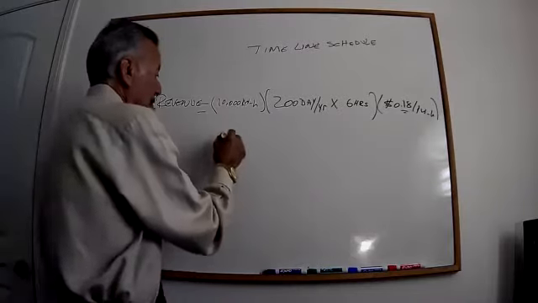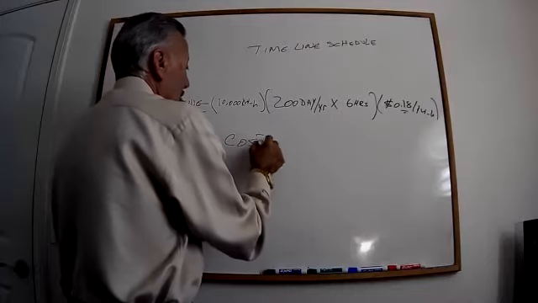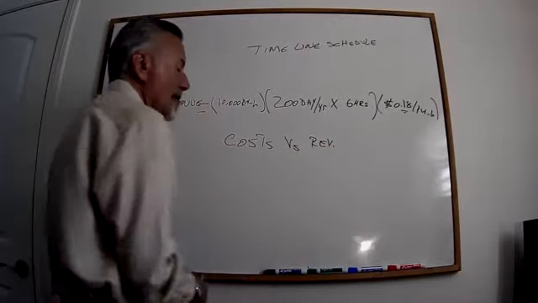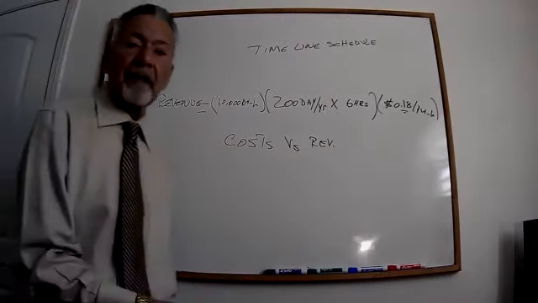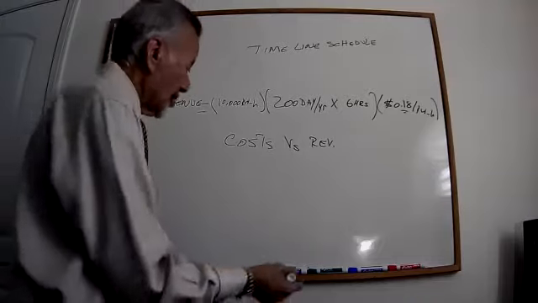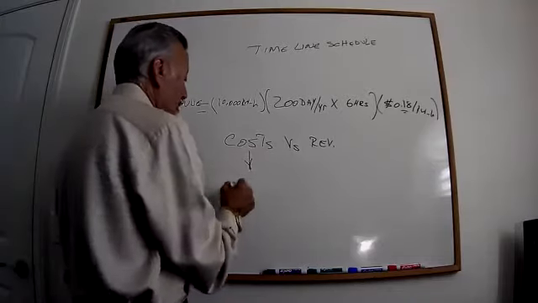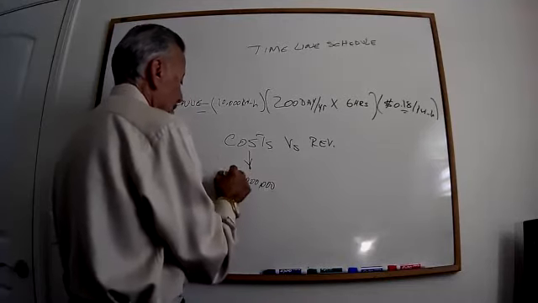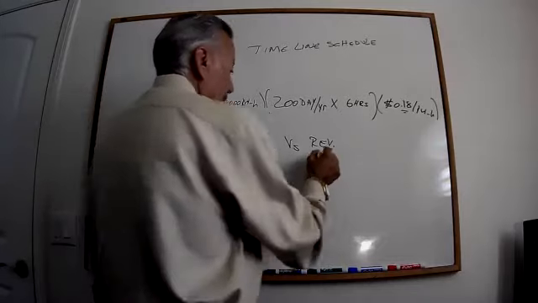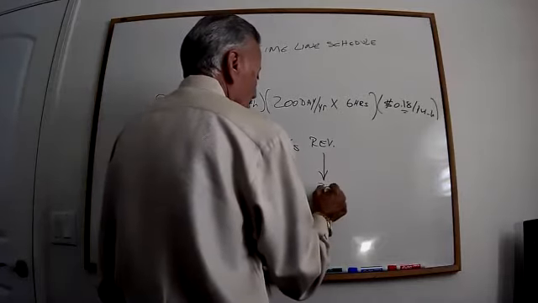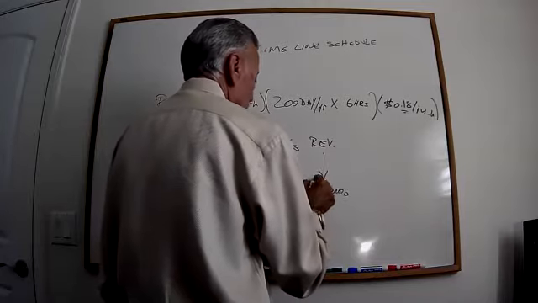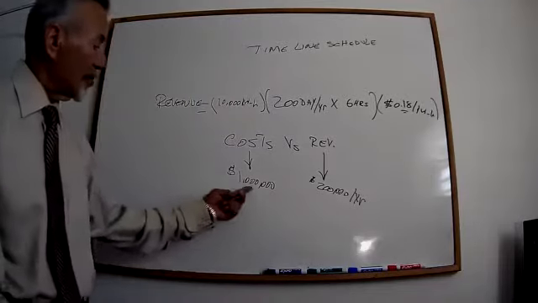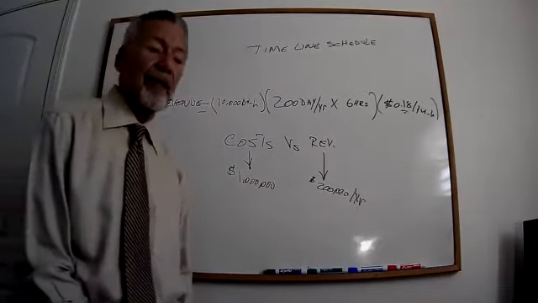Once you have your revenue, you look at the cost versus revenue. You compare that. The way you compare it, you say, okay, my total cost, let's say, is $1 million. My revenue is $200,000 per year. So if I divide the 1 million by 200,000, what do I get?